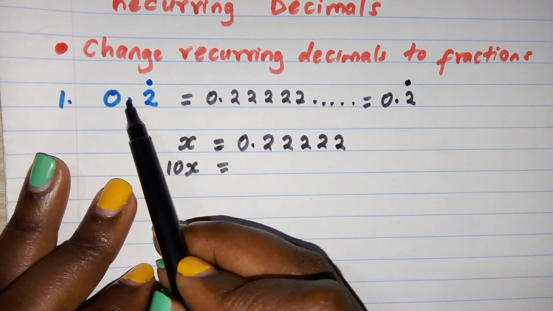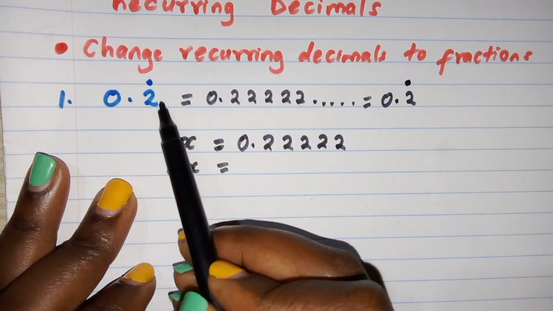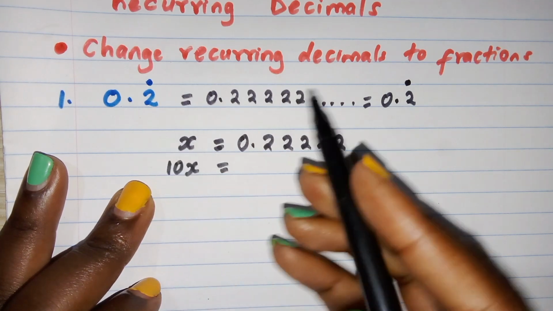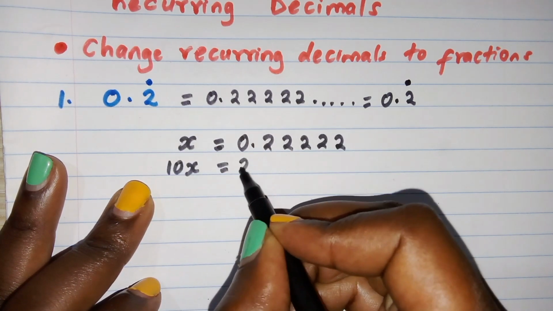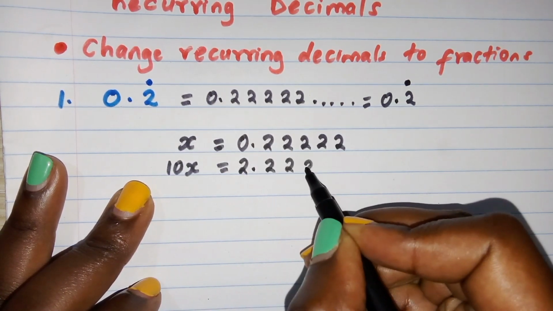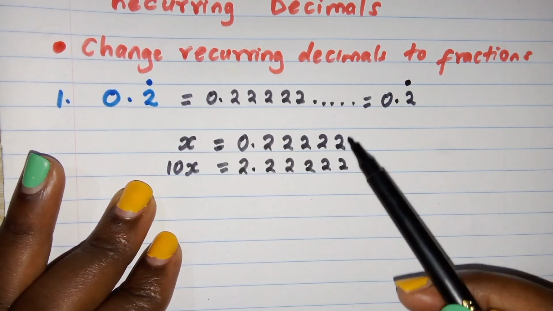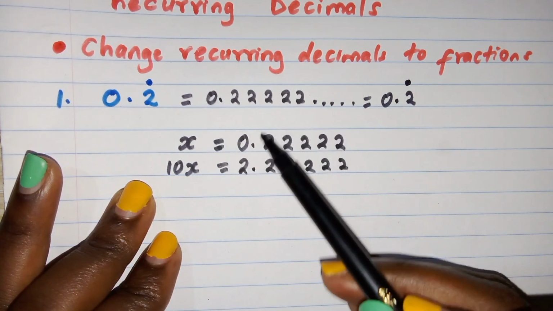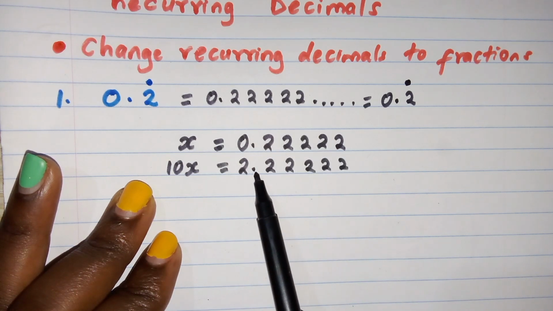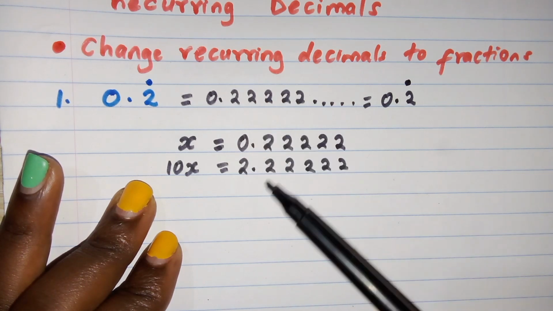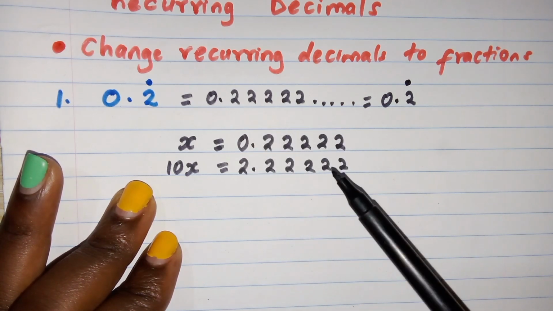If you move the decimal place one step, it becomes 10x, so the decimal point moves here and the new number would be 2.2222 and so forth. If you subtract these two, we'll get a whole number and 0. The point is to subtract so that the decimals give you a 0.